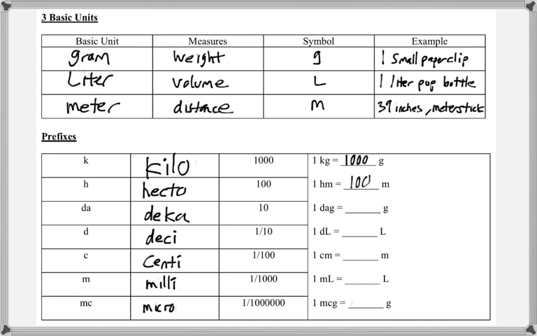So instead of calling it the 100 meter dash, you could call it the hectometer dash, but nobody does. 1 decagram is 10 grams. 1 deciliter is 1 over 10 liters. 1 centimeter is 1 over 100 meters. 1 milliliter is 1 over 1,000 liters. And 1 microgram is 1/1,000,000th of a gram.